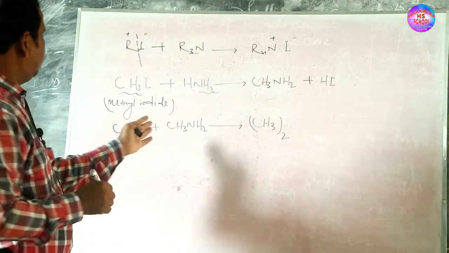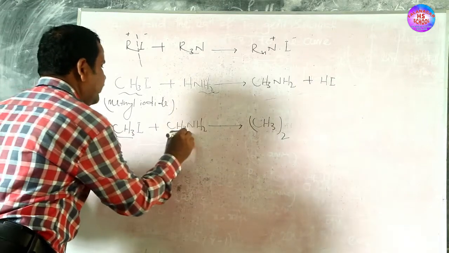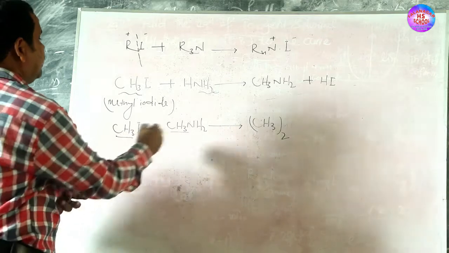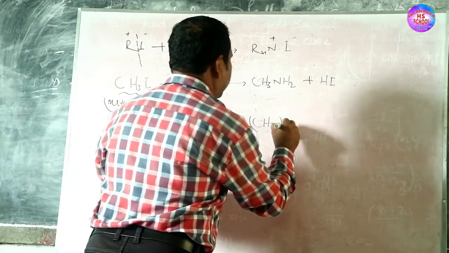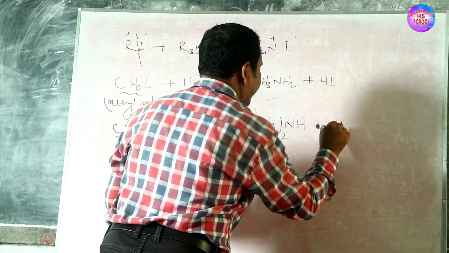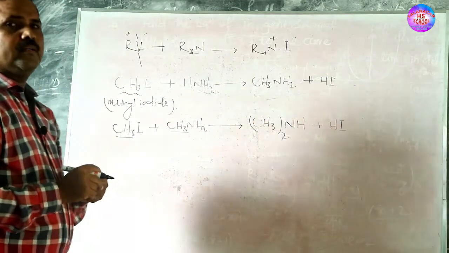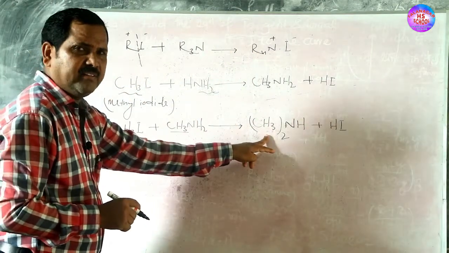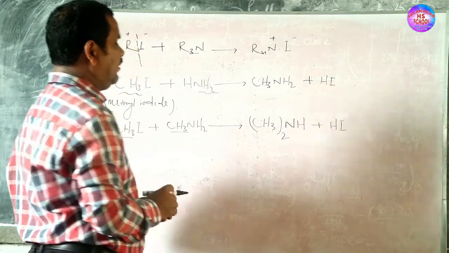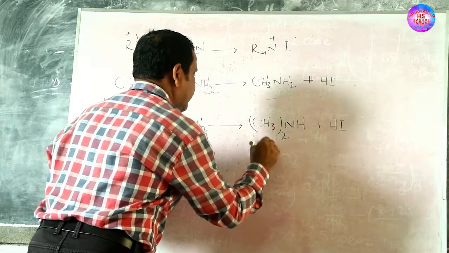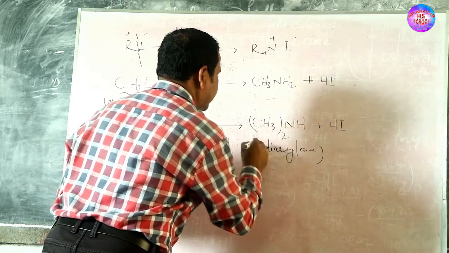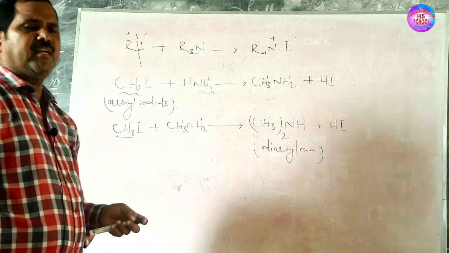Two methyl groups, CH3 and CH3, are bonded to the nitrogen atom, and HI will be removed, and here NH plus HI. This compound is dimethylamine, or 2-degree amine. This compound is your dimethylamine.